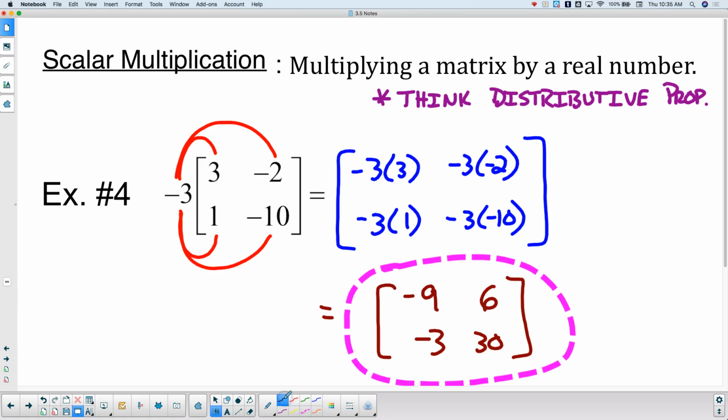Side note, if I said that matrix A was 3, negative 2, 1, negative 10, then this exact same problem would have been negative 3 times A, or negative 3A.